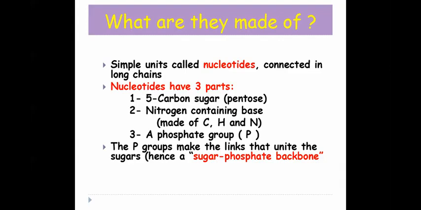What are they made of? Nucleotides. We talked of a pentose sugar. This pentose sugar is a 5-carbon sugar, so there are 5 carbons. Then we have a nitrogenous base, and then we have a phosphate group.